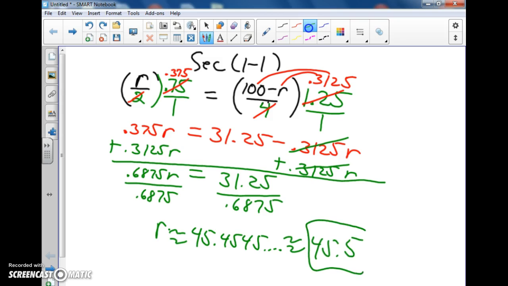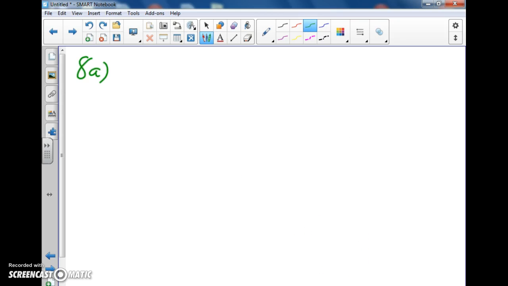There you go, you got it. Now, do you round? Yes, you do round, and you would round this to 46. 45.5 rounds to 46.